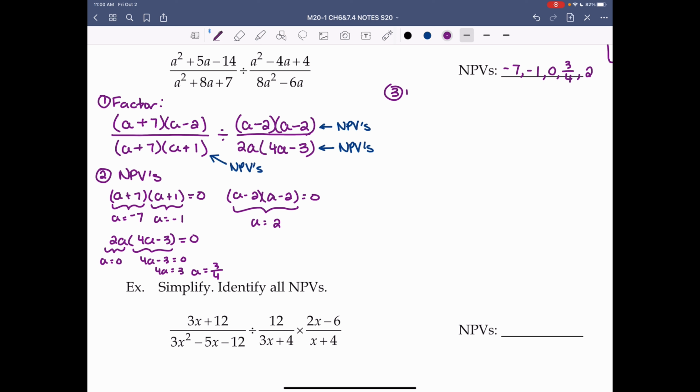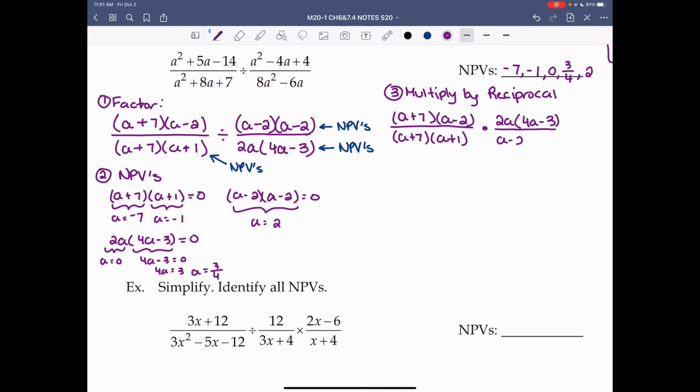Step 3, we're going to multiply by the reciprocal. A plus 7 times a minus 2 divided by a plus 7 times a plus 1, times the reciprocal of the second fraction, which is 2a times 4a minus 3 over a minus 2.